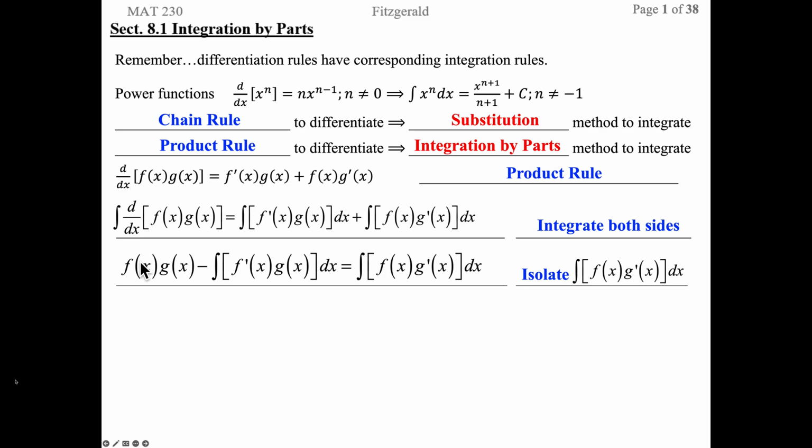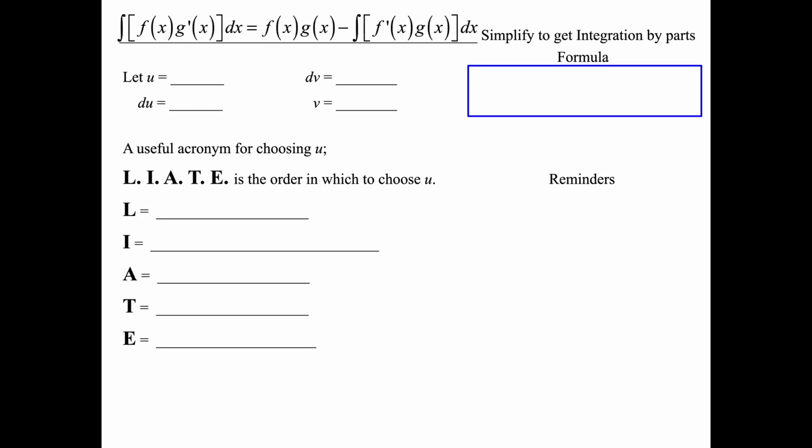It gives us f of x times g of x. And then I'm going to subtract this first integral over to the left, and then we isolate the integral of f of x times g prime of x dx. If we do that, we get our integration by parts rule.